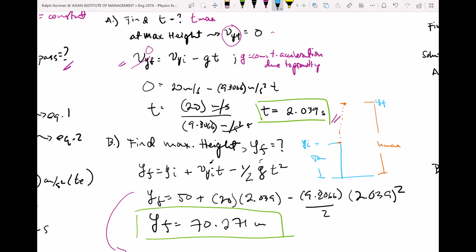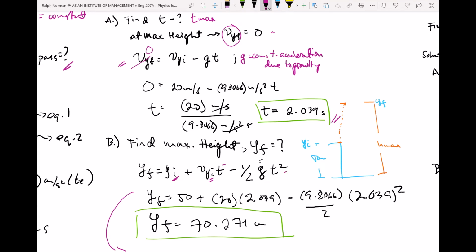Okay. So we are under constant acceleration, so constant g. So we use the formula. We already have the initial position. We already know what your launching velocity is, and we already know time.